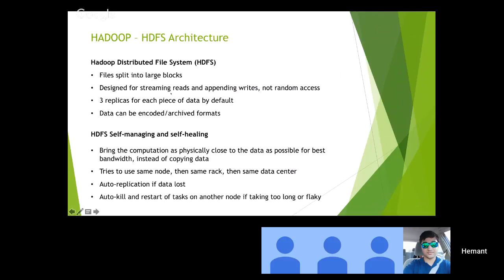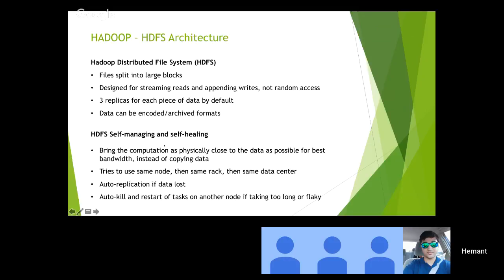It is designed for streaming reads and append writes, and not very much supported for random access. You're just writing it and working on the data as it comes. The way it maintains high availability of the data is by replicating 3 replicas of each piece of data by default. Data can be encoded and archived in formats.